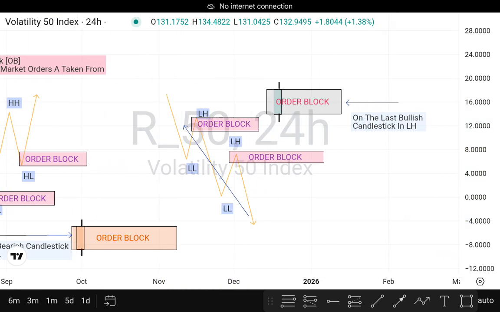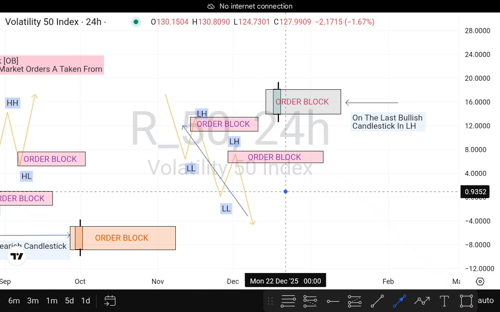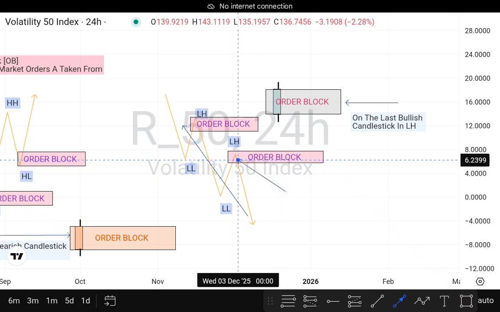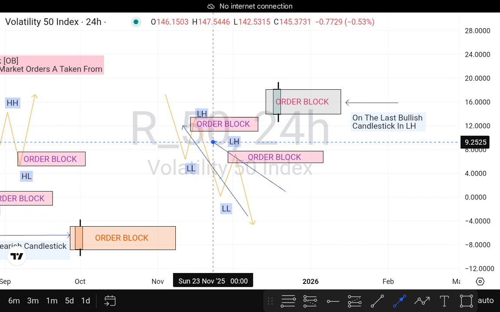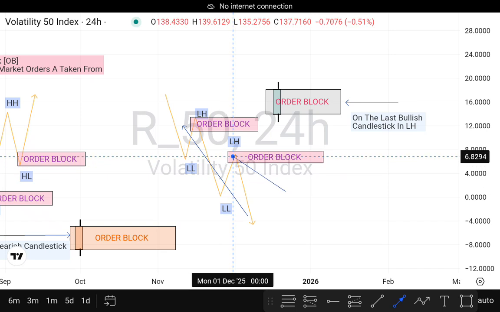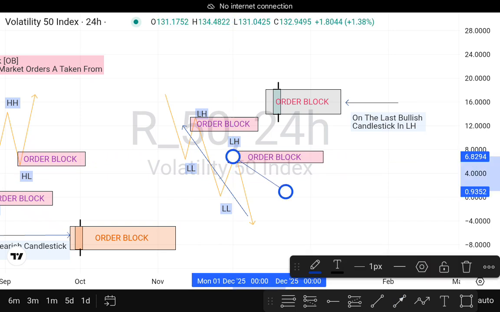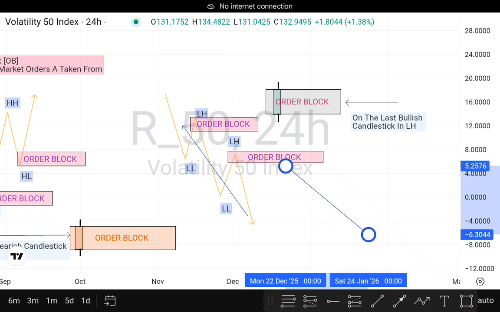Okay, let's put another one. The market created this lower low and created this lower high. The market pushed down to create this lower low and created this lower high. So as I said, in a downtrend you put your order block on your lower highs, because you want to sell high, because you want the market to push low.